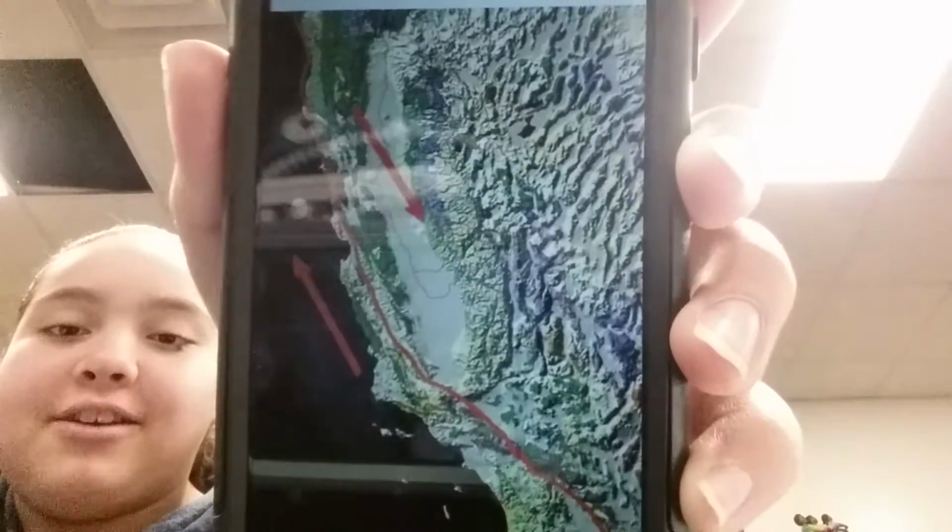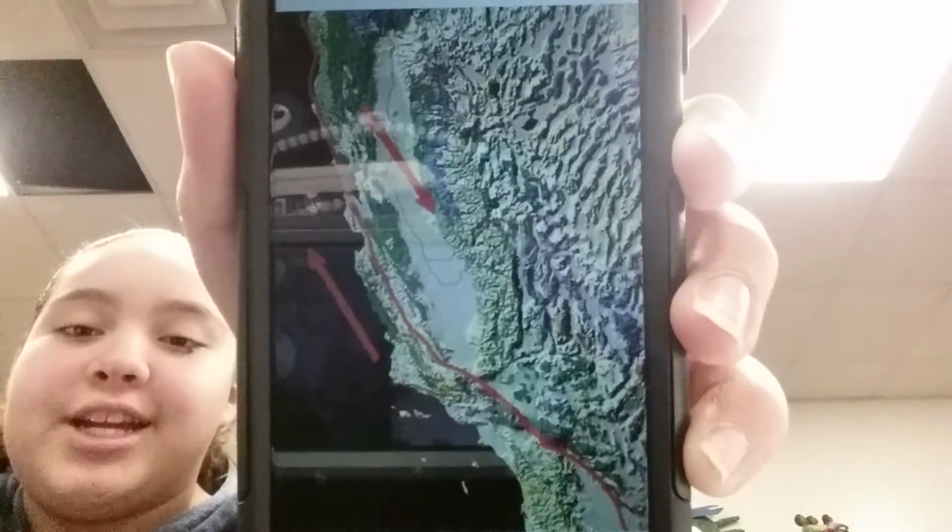So another little fact about the San Andreas Fault. The San Andreas Fault is a continental transform fault that extends roughly 810 miles through California in the United States. This is another picture we found of the transform plate boundaries.